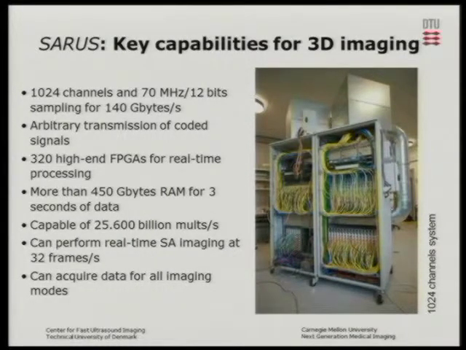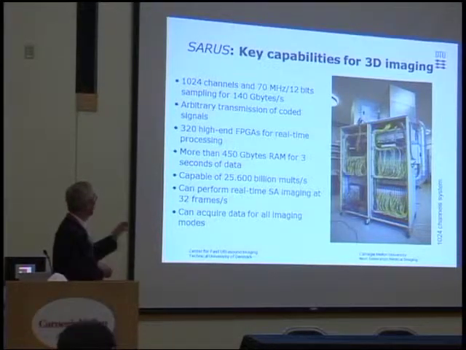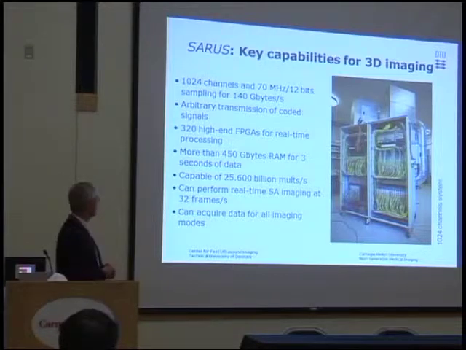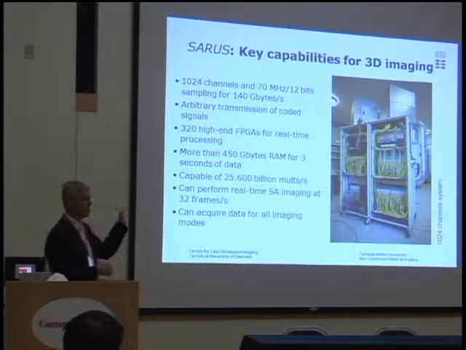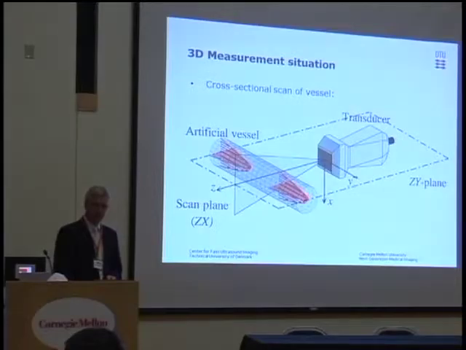It samples at 70 megahertz, so we generate 140 gigabytes of data a second. There's enough memory in this for storing 3 seconds of data. And then it can also do real-time processing on it, loads of software, all sorts of funny things. It took us 7 years to build, but now the toy's there, so we're really happy about it.